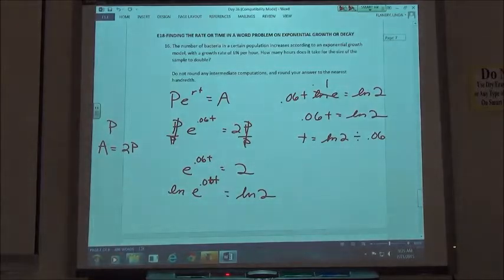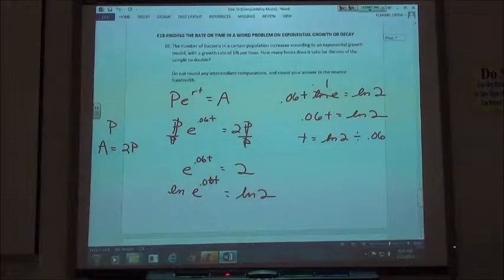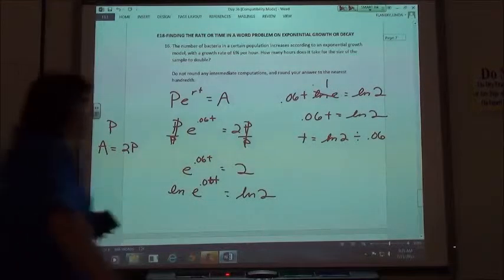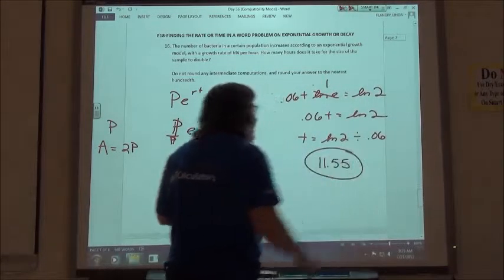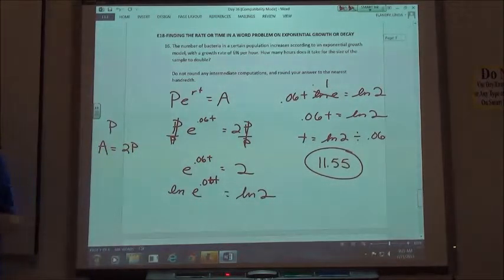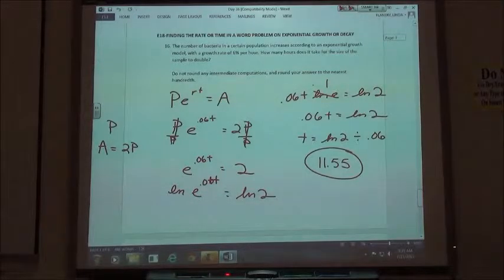Punch it into our calculator and round to the nearest hundredth, it says. 11.55. It's going to take just a little over 11 and a half hours for my population to double.